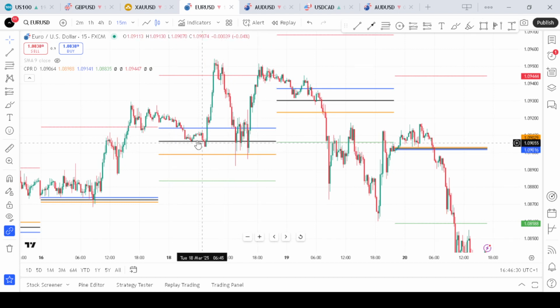We have the top central pivot point, which is this blue line. We now have the bottom central pivot point, which is this yellow golden line you can see here. These levels are plotted as a band on the price chart, offering insights into support and resistance and trend direction.